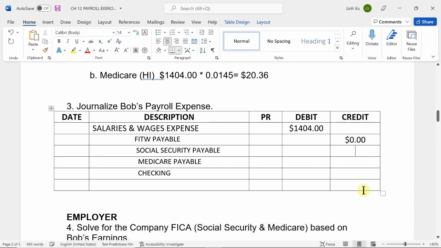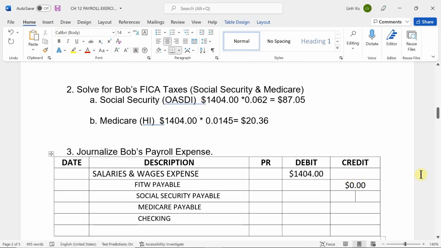How much Social Security is he going to pay into? 87.05. All right, and then how much Medicare? 20.36.